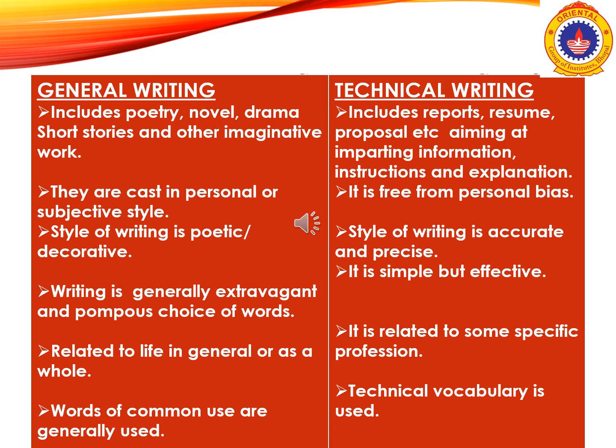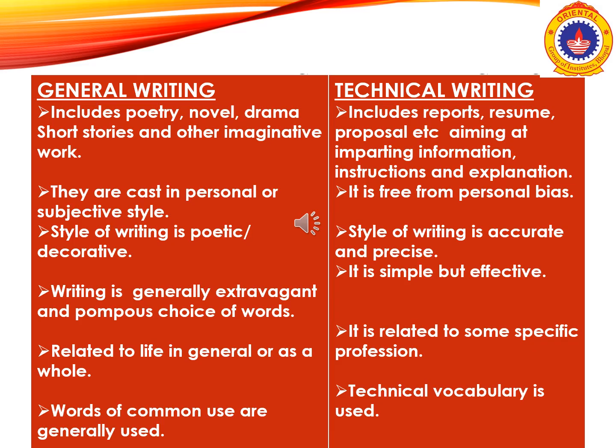In general writing, the style is personal or subjective. It could be very informal. But on the other hand, technical writing is free from personal bias. You have to be technically precise. You should present the facts without any personal bias or adding any extra information from your side.